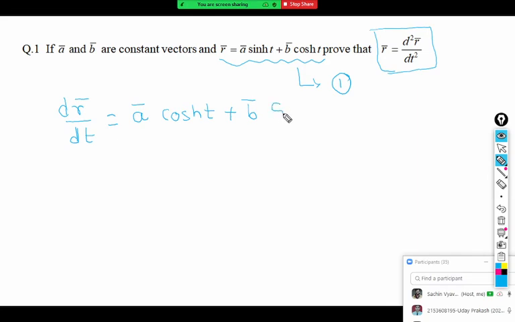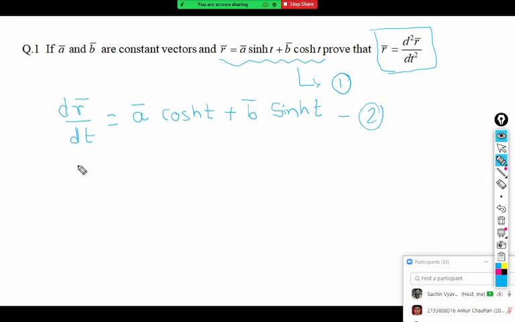Good, that is the correct answer. Remember, there is a big difference in the derivatives of circular and hyperbolic functions. The derivatives of sinh and cosh are both positive, so the derivative of cosh t is plus sinh t. Only in circular functions is the derivative of cos t a minus sin t.